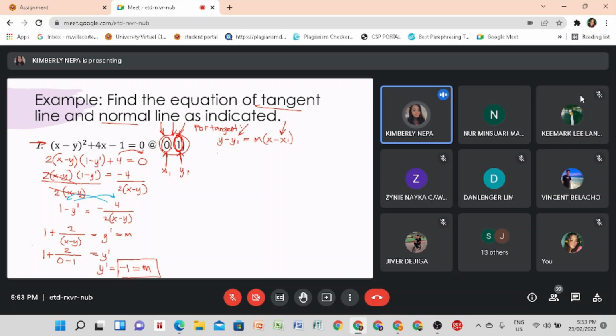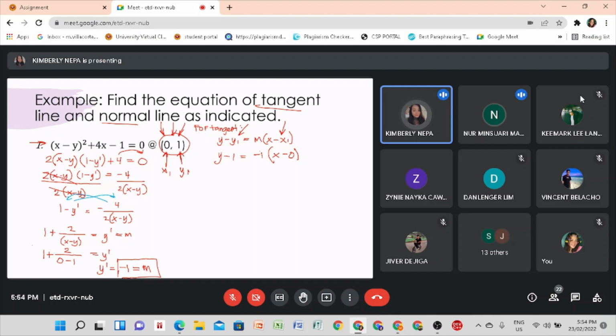Okay, so we have y, and then the value of y sub 1 is 1. And the value of our m, what is our slope? Negative 1 po. Negative 1. So, we substitute that again. We have negative 1. And the value of our x sub 1 is 0. Correct? Correct po. Okay. After that, let's just distribute the slope.